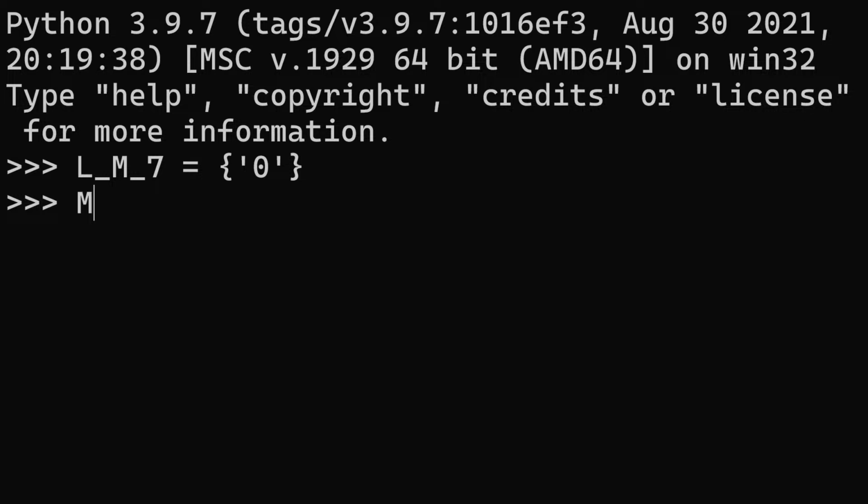And so we'll recall that M7 is going to equal the tuple of a set of states, some alphabet sigma, some delta function, some q naught, and some set of states F, right? What are each of these things?